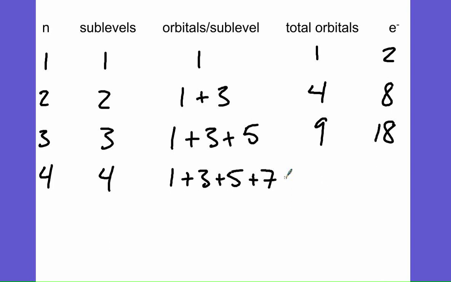Add that all up, and I get 16 orbitals total, and that gives me 32 electrons in that 4th energy level. So again, we're looking for these numbers later. We're looking at these patterns, right? 2, 8, 18, 32, those will emerge very clearly as we continue to go through this and talk about this model for the atom that we're going to ultimately have.